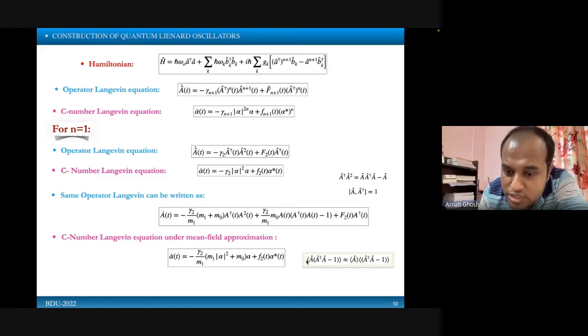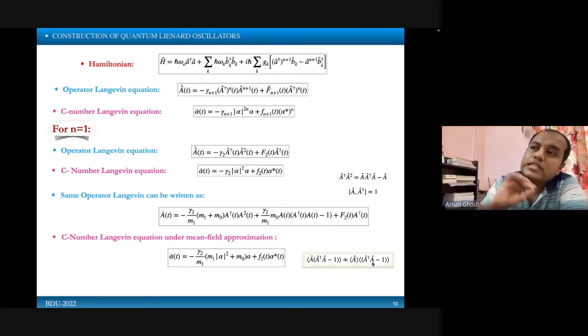That means when you take the average from this operator Langevin equation to this, we assume that the average of A dagger A minus A, written in this way, can be approximated by the product of the averages. That means we are neglecting the correlations between the operators.